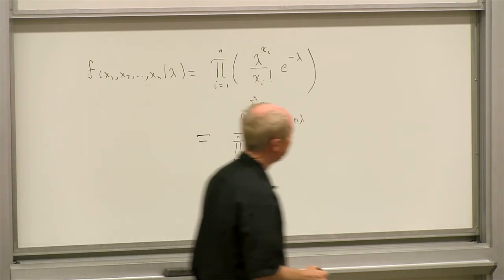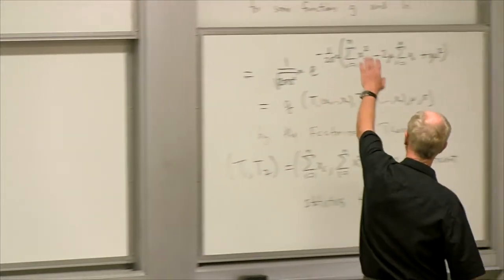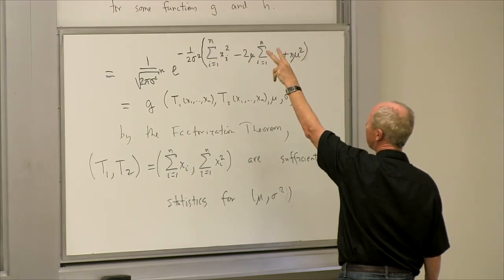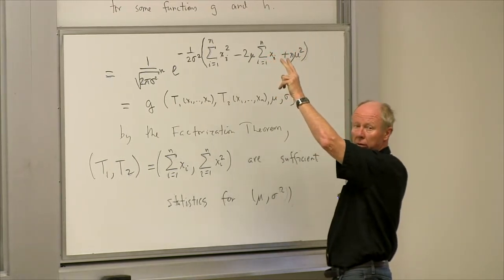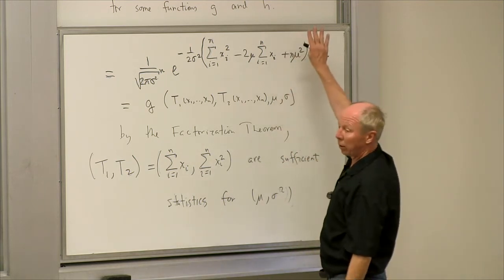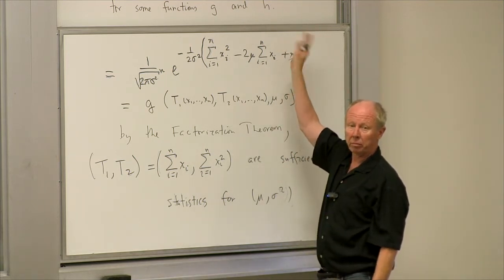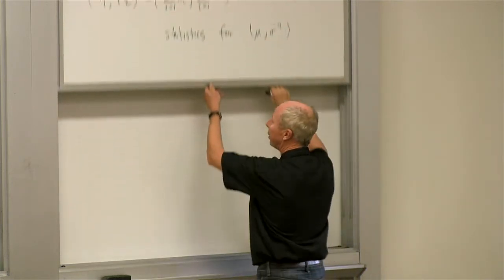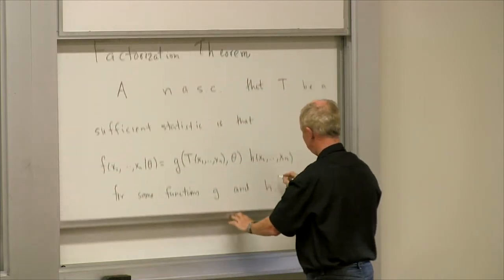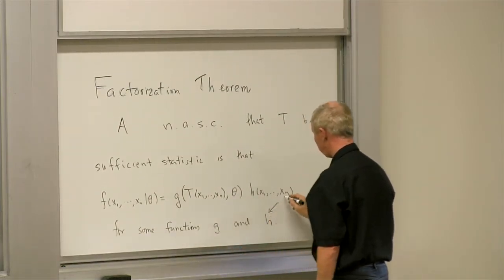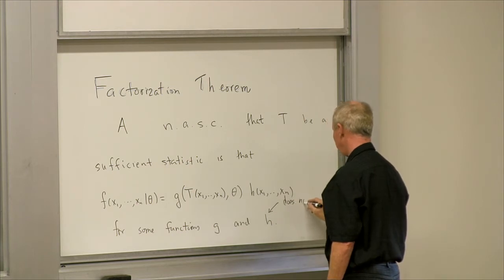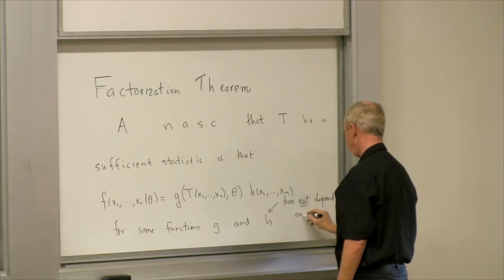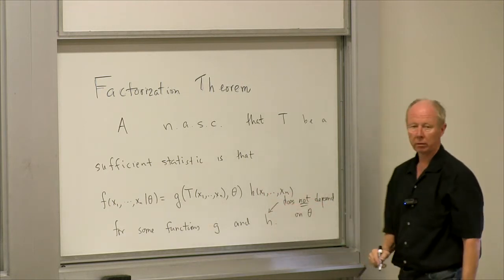And now let's look at what the factorization looks like. You try to separate out the parameter with some function of the data, and then all the other bits about the data have to be over there. And let me be a little more careful here. This h does not depend on theta. It can only depend on x1 through xn.